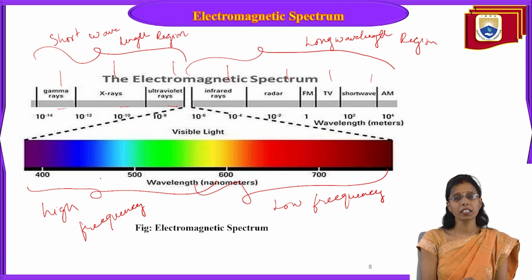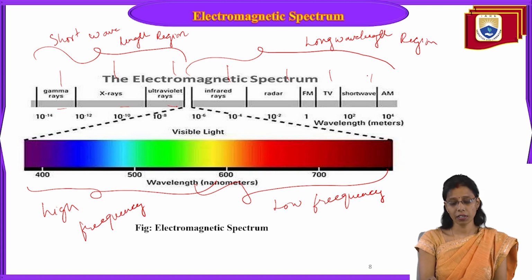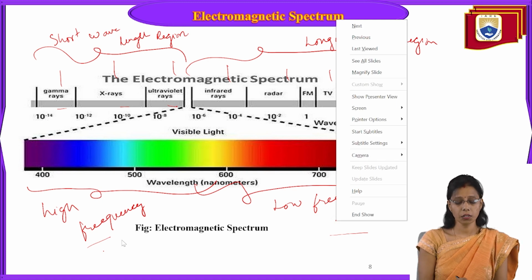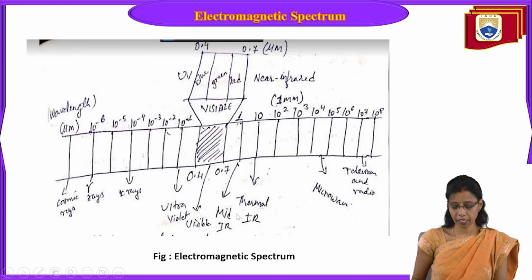So the electromagnetic spectrum extends from the short wavelength region to the long wavelength region, or we can say long to short, and it extends from high frequency to low frequency. Here we can see short wavelength is high frequency, long wavelength is low frequency. These are the regions of the electromagnetic spectrum.